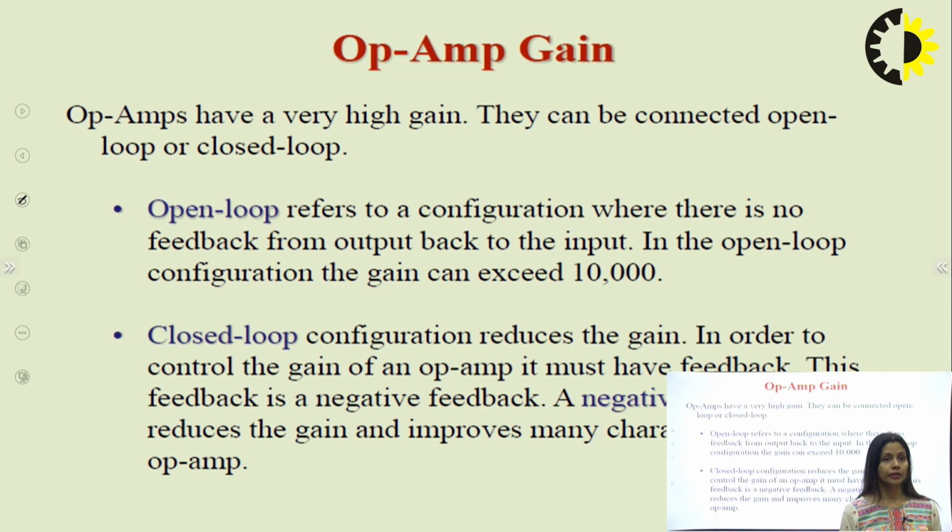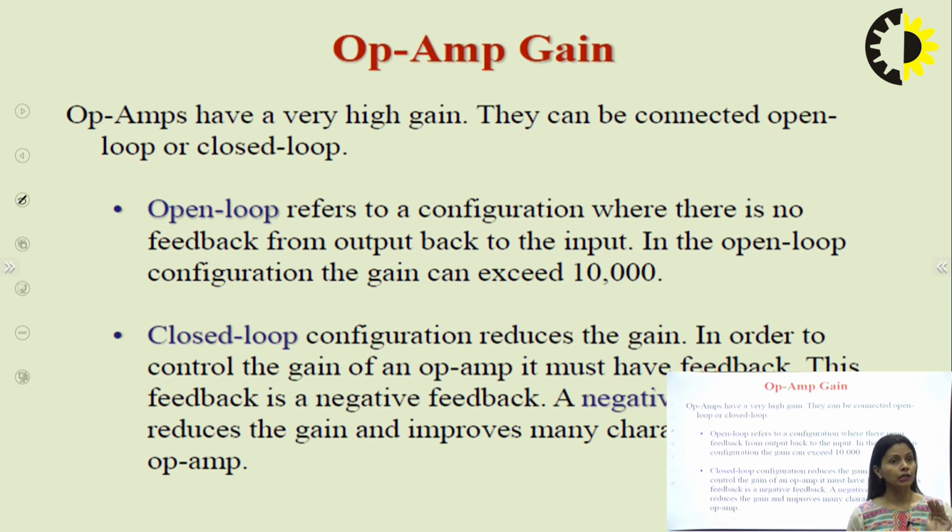Very important point. Now we are going to start the numerical concepts, for which the identification of closed loop and open loop is very important. So we should identify whether your OPAMP is amplifying in closed loop configuration or in open loop configuration. First of all, you need to find out.